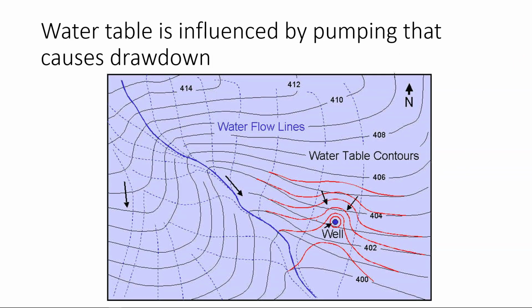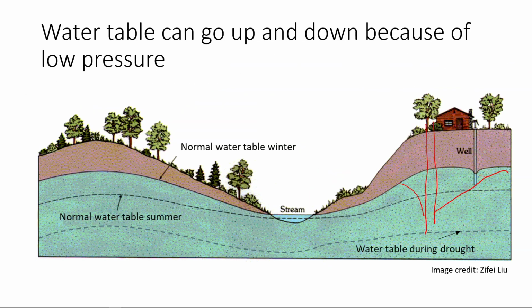Similarly, if you have a pumping well, your water table will decline significantly. So this is your normal water table, like 414, 412, 400. But once you start pumping, you see the water table will decrease significantly. And we looked at this here. This is your normal water table without pumping.